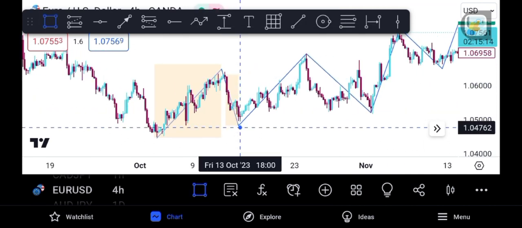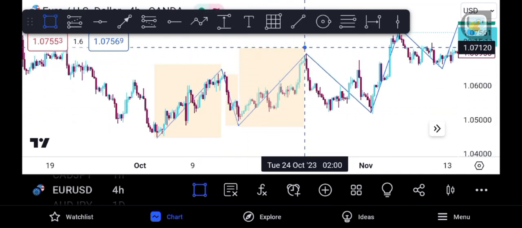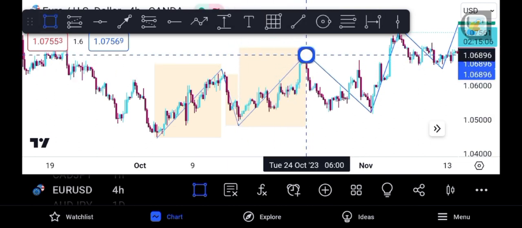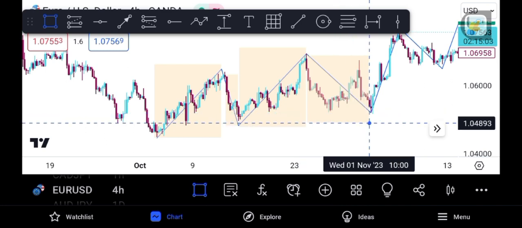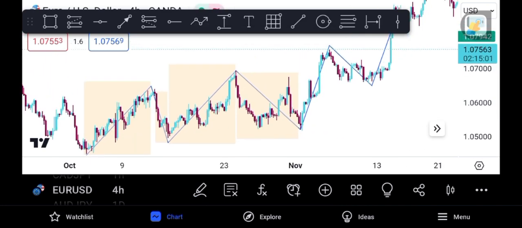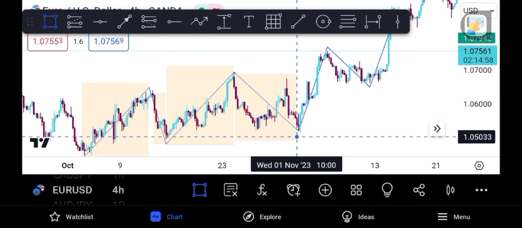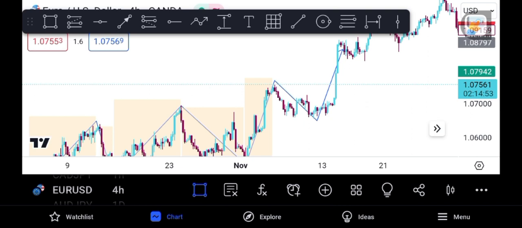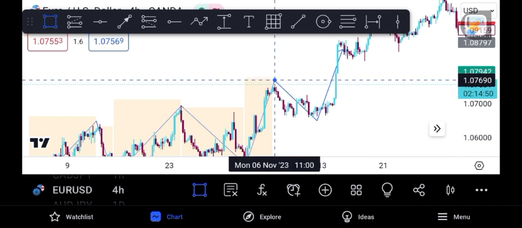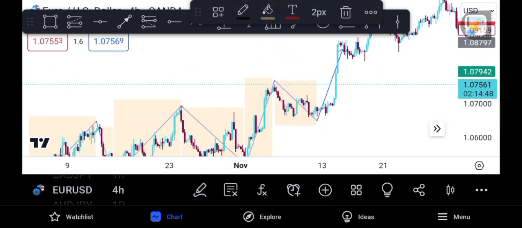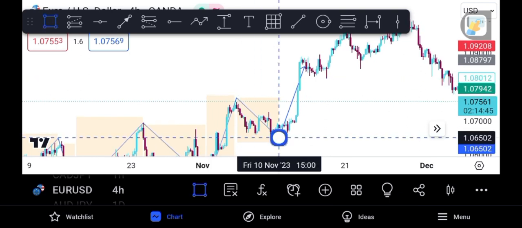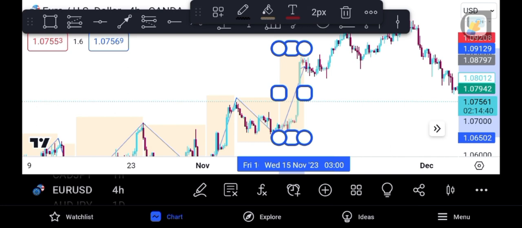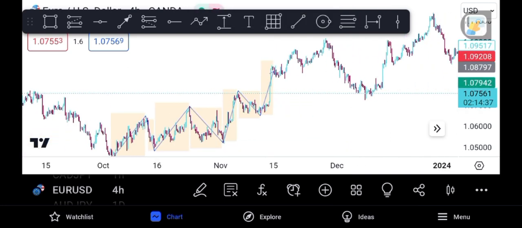An impulse move to the upside, a correction to the downside, then an impulse move to the upside, a correction to the downside, an impulse move to the upside. So that is the first characteristic of an uptrend.